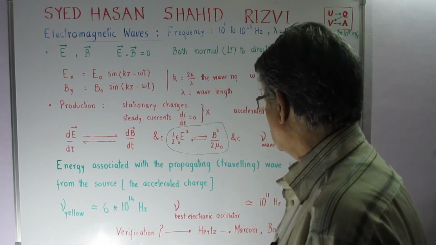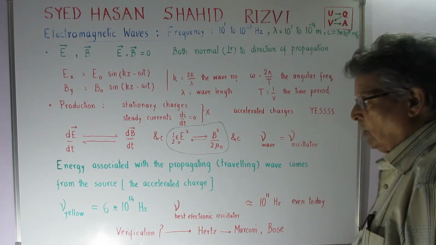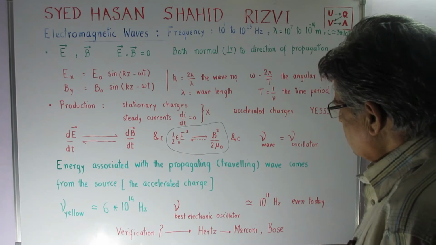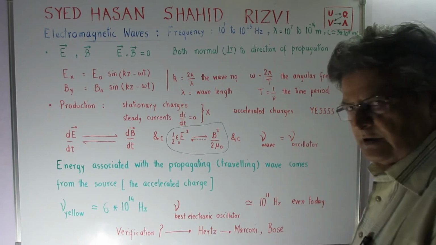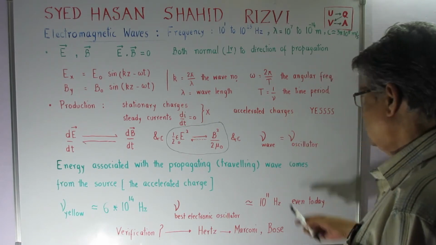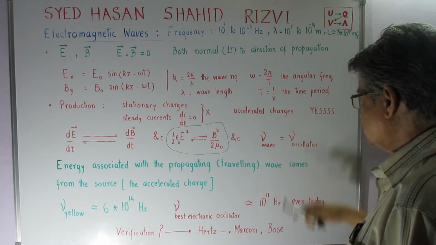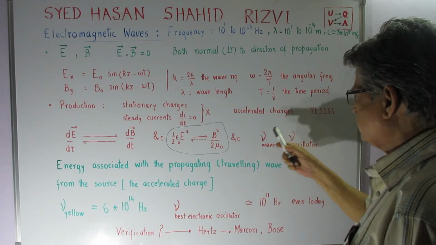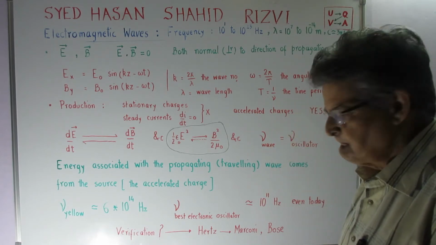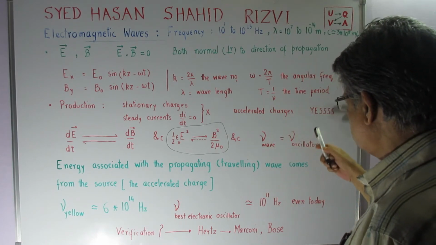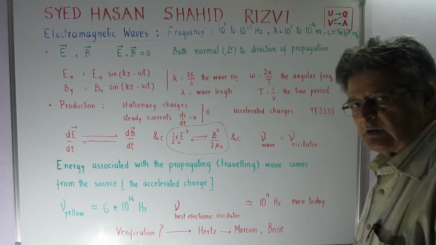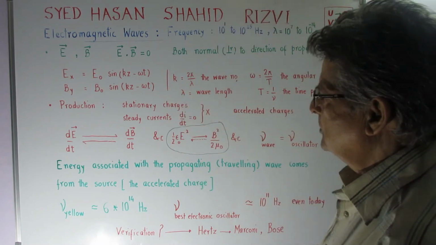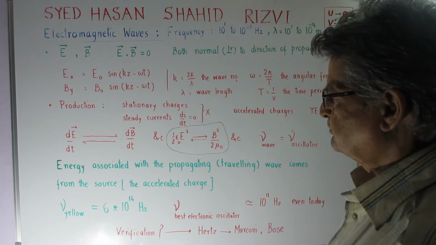There also has to be an oscillator which accelerates the charges, and its frequency will be equal to the wave frequency. Or the wave frequency will be equivalent to the frequency of the electronic oscillator which is giving rise to the electromagnetic waves.